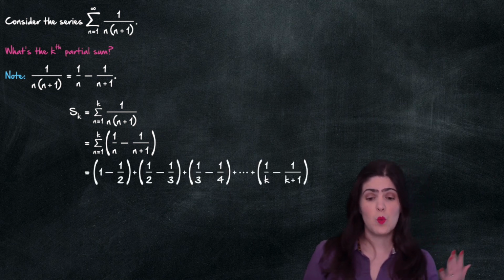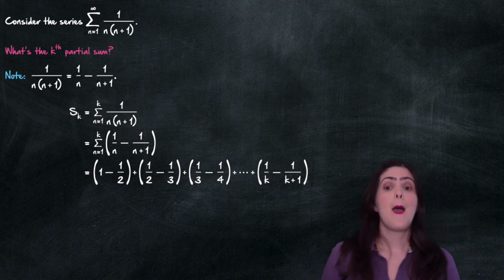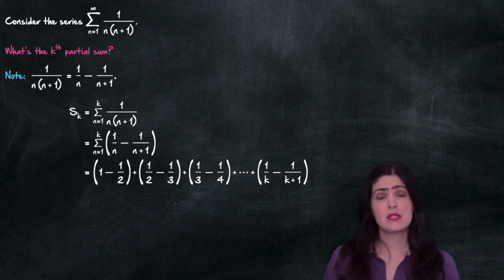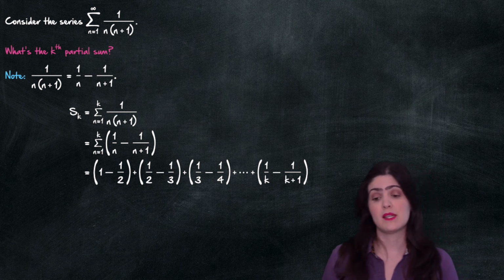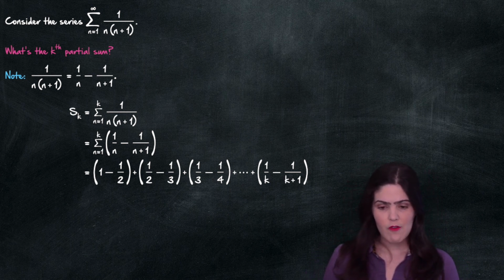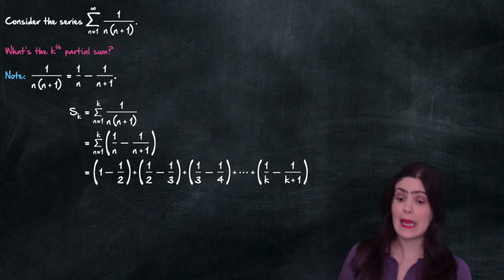So that's what I'm going to do. We have 1 minus 1 over 2, plus 1 over 2 minus 1 over 3, plus 1 over 3 minus 1 over 4, plus dot dot dot, 1 over k minus 1 over k plus 1. And you will see here that some nice things happen because we have negative 1 over 2 and plus 1 over 2, so they will cancel.